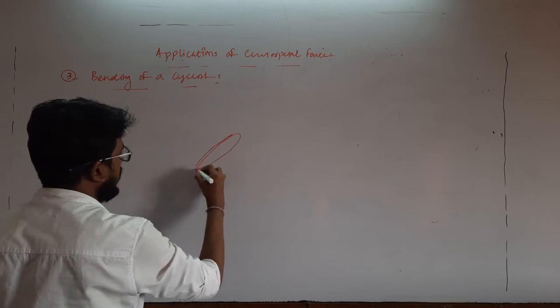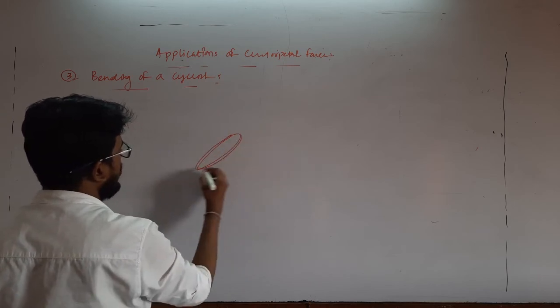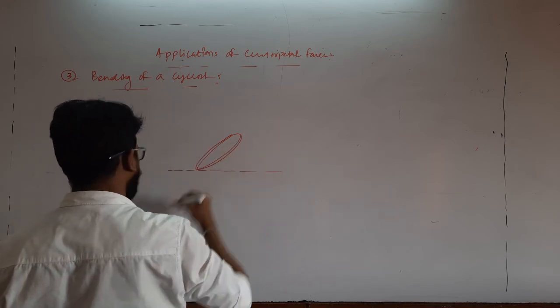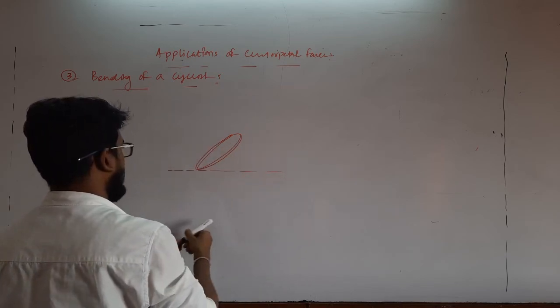So here we are considering a cyclist who is moving along a circular track and is bent about the vertical.